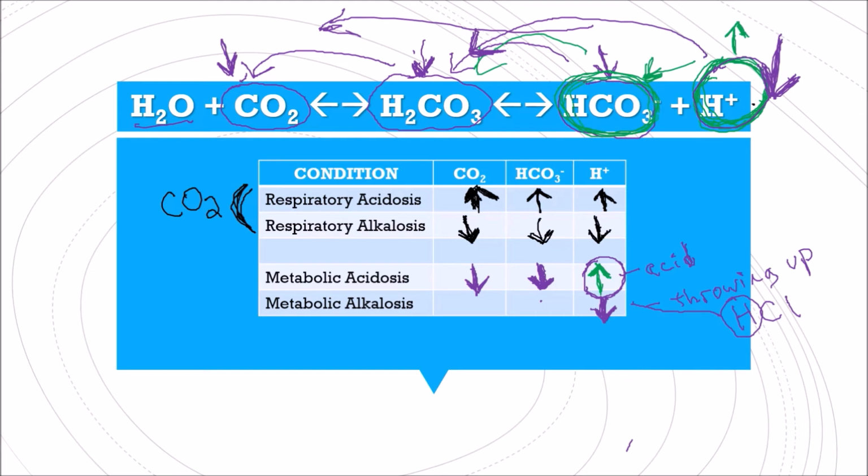So by comparison, if your H levels go down because you're throwing them up, you're leaving all of this bicarb in your system. So by comparison, the bicarb levels go up because there aren't any H's to pair with and make carbonic acid. So down here, bicarb levels go up.